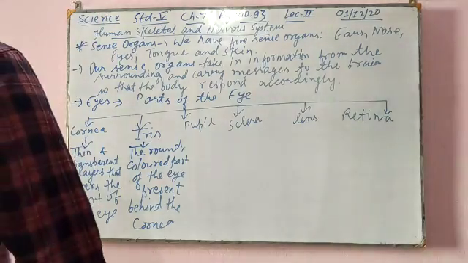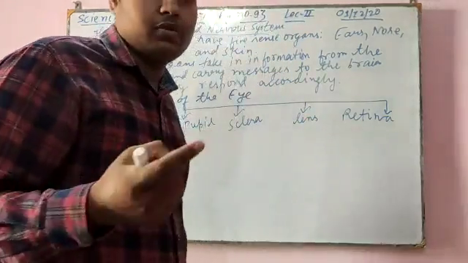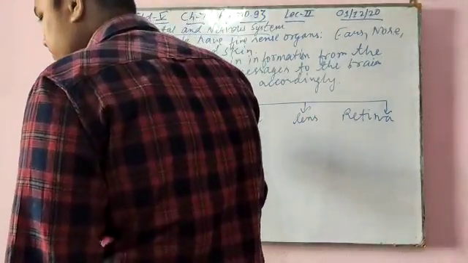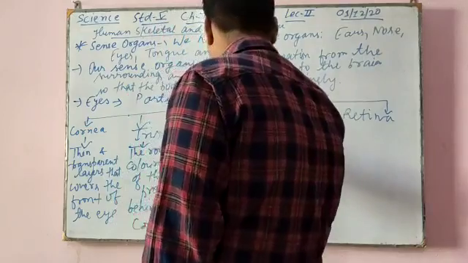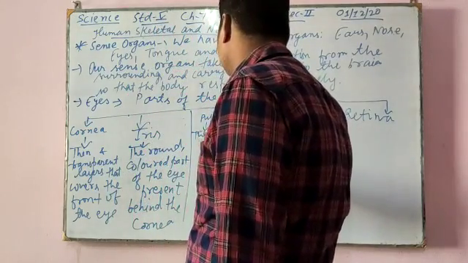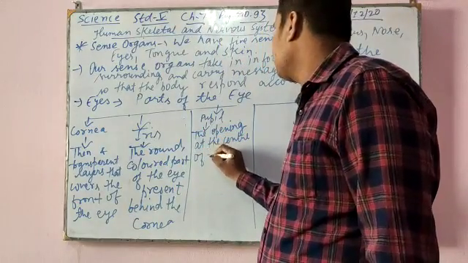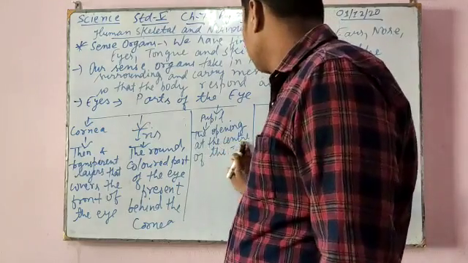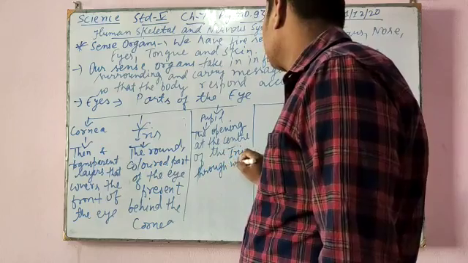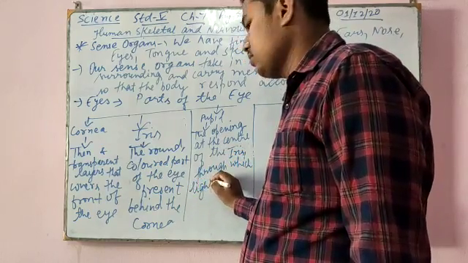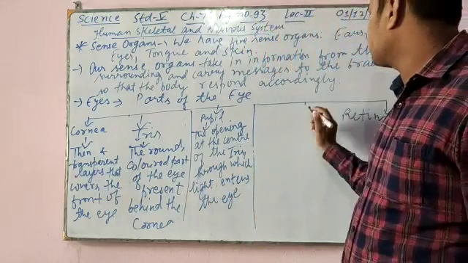That opening part is known as the pupil, through which light is passing.